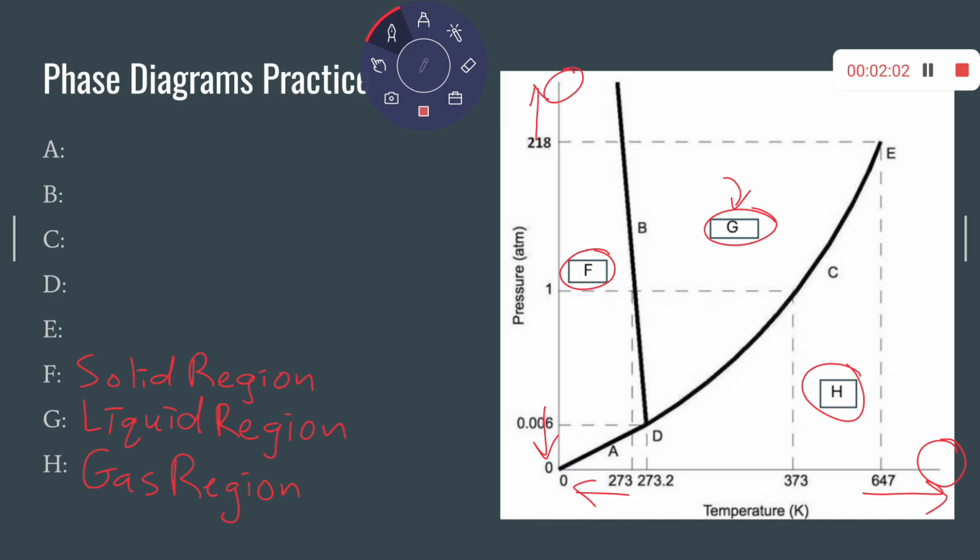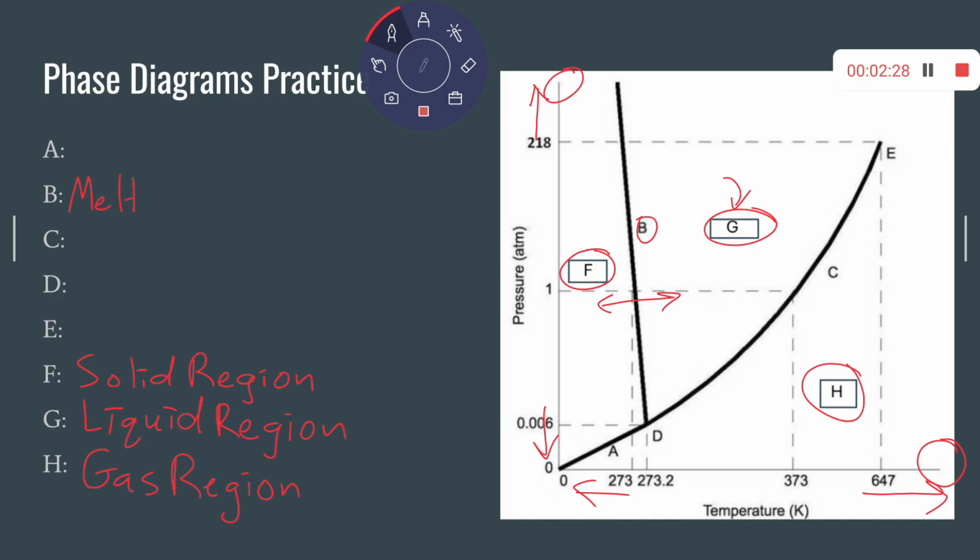From here, we can start figuring out all of these lines, right? Let's look at B. This represents the transition between F and G, which is solid and liquid. So B, what word do we use for the transition between solid and liquid? We can use melting or freezing. They describe the same process in different directions.